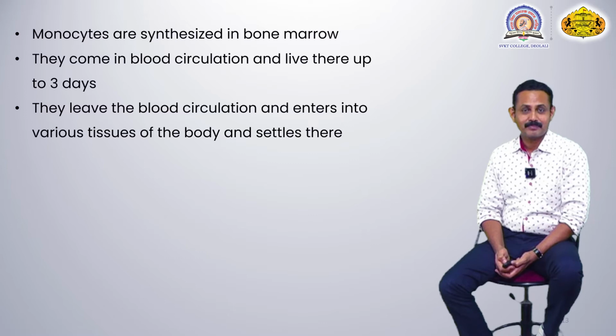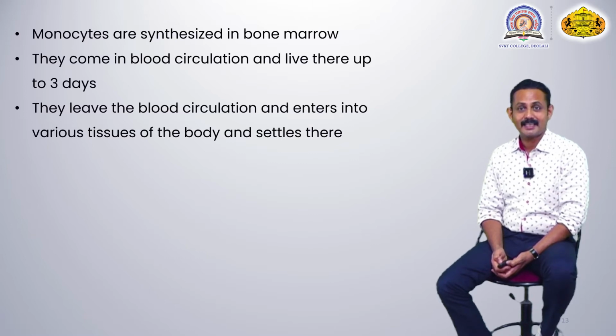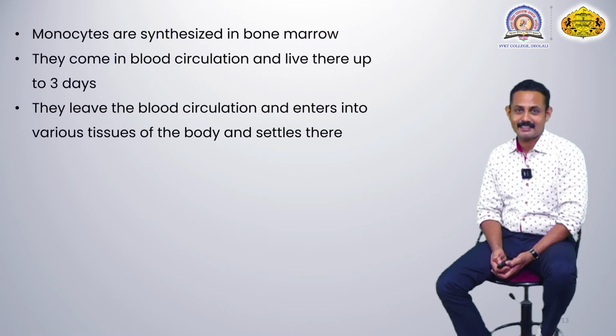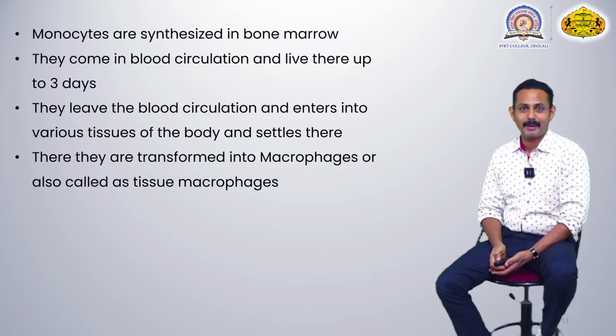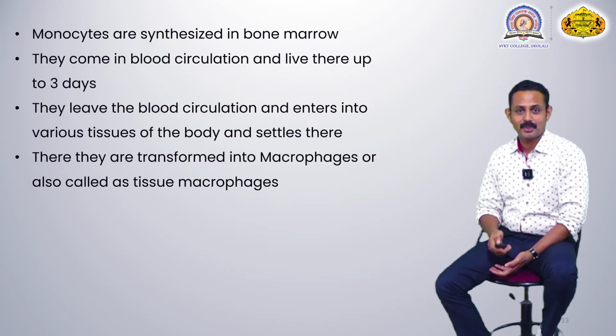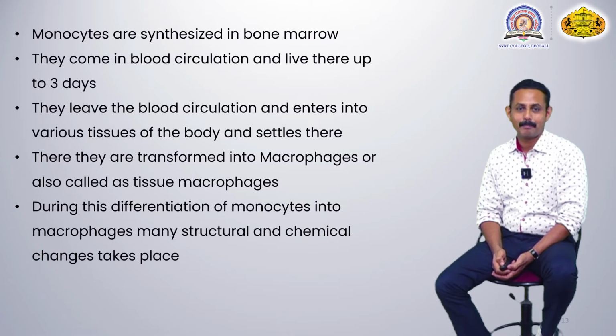After that, they leave the blood circulation and enter the various tissues of the body, and they settle there. When they settle there, they are transformed into macrophages, commonly called tissue macrophages.